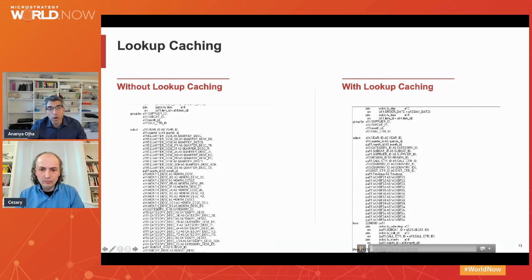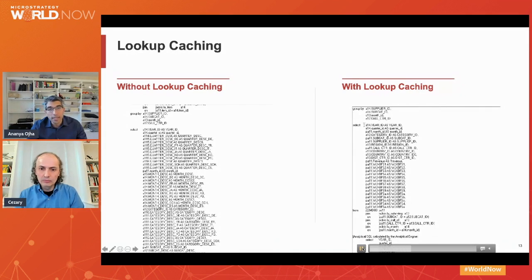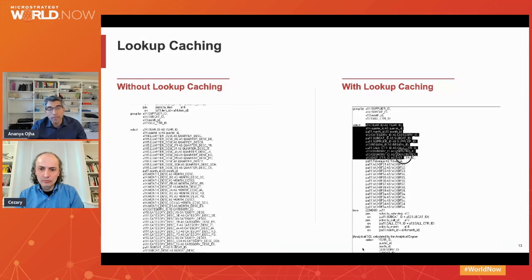Now, what you would see on the right-hand side is the lean down SQL after the lookup caching cube has been published. And this not only reduces the amount of data being transferred over the network, but also helps execute the SQL faster because we are eliminating the joins to the lookup tables. And you can rest assured that your metric calculations are going to stay exactly the same.